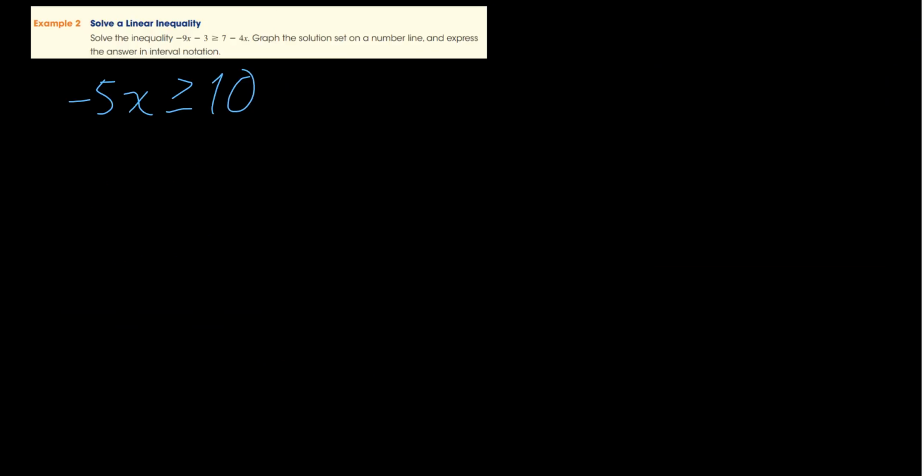All I'm doing now is moving things over in my head. You can obviously write this down if you want to. But anyways, now we're going to divide both sides by a negative 5. By dividing by negative 5, I'm going to flip that sign. It's going to go from greater than or equal to, to less than or equal to. Well, 10 divided by negative 5 is negative 2.